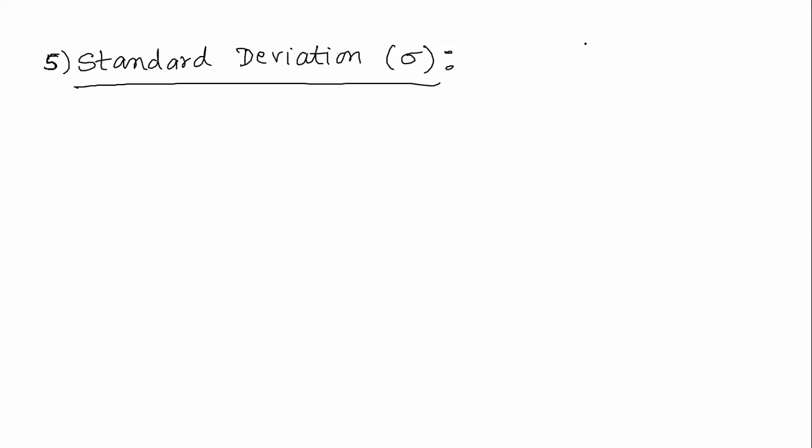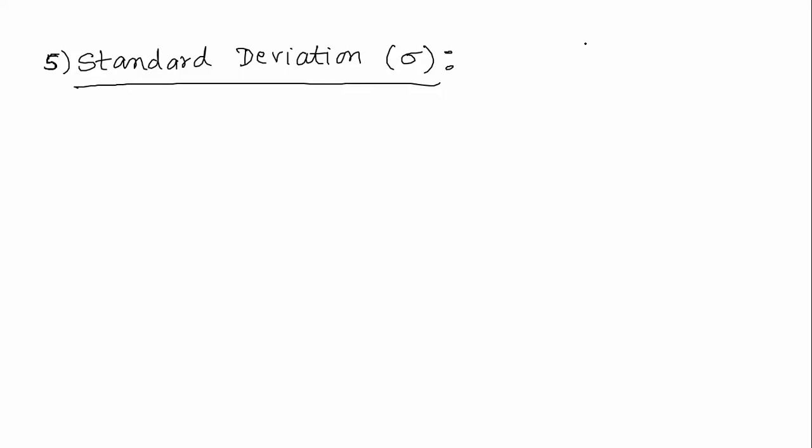Suppose there are only 5 observations and the value of each observation is 10. Already I have told you for such data, arithmetic mean, geometric mean, harmonic mean, median, and mode will all be exactly equal to 10. And for the same data, range will be 0, coefficient of range 0, mean deviation about mean 0, variance will be 0, standard deviation will be 0, and also coefficient of variation will be 0.